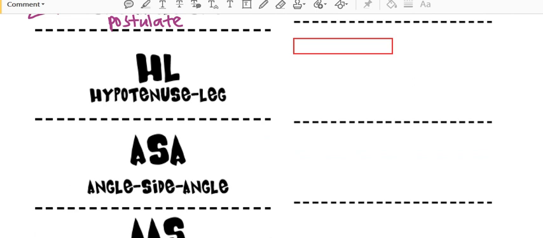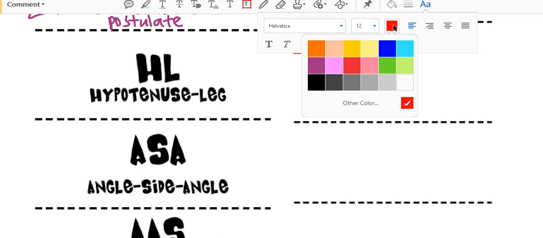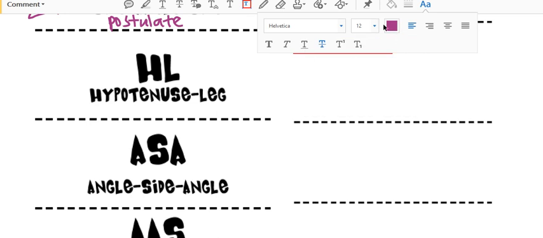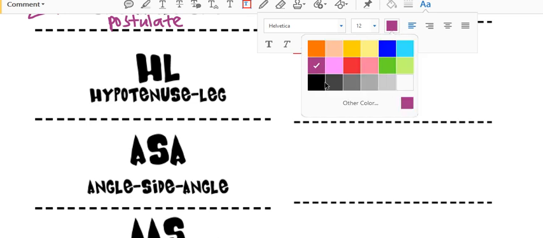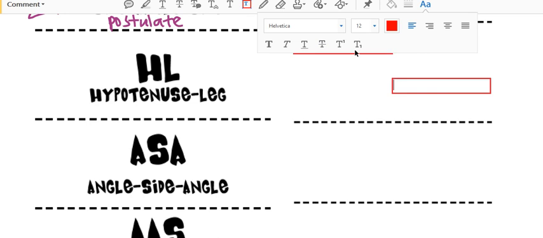All right, so the next one that we're going to work with is called hypotenuse leg. And something that's important to know about hypotenuse leg is that it can only apply to a certain type of triangle, and that should make sense to you because of what the definition of a hypotenuse is.